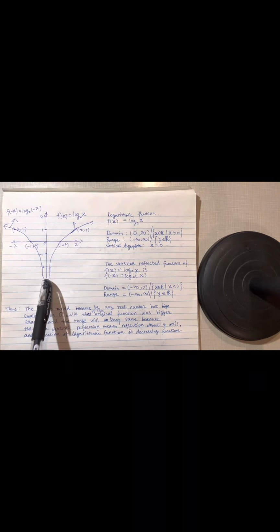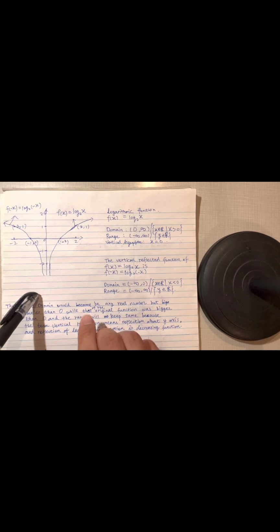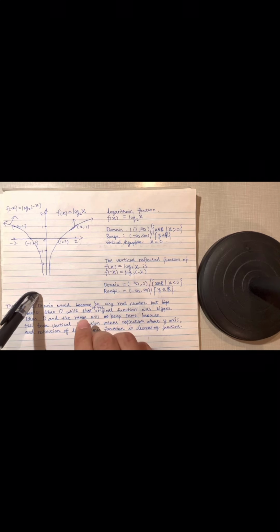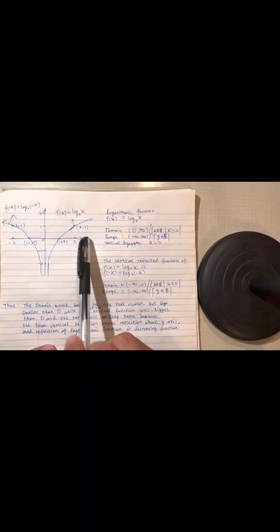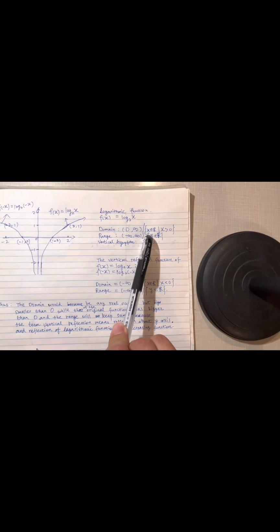And we have the changed function, which has a vertical reflection over y = 0, which looks like this.